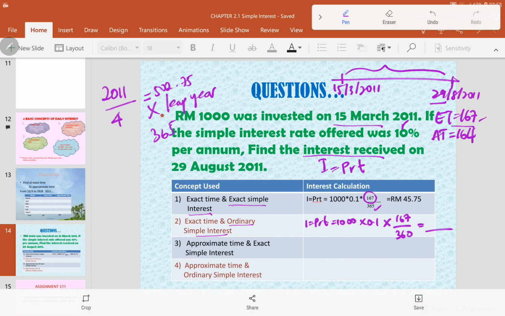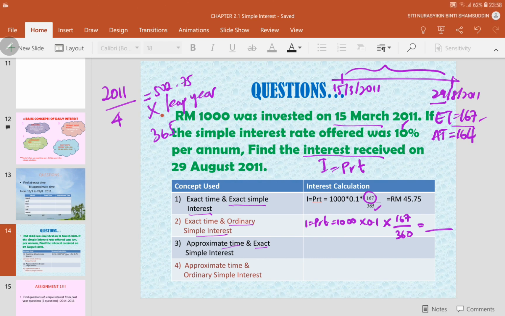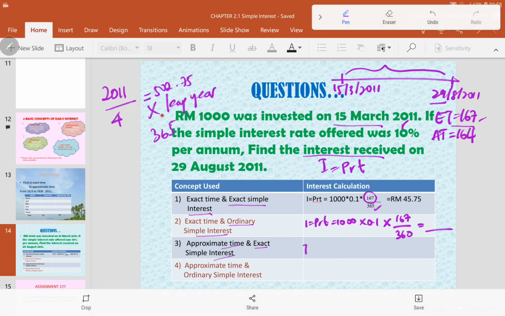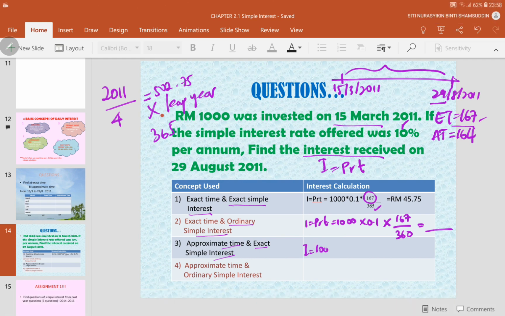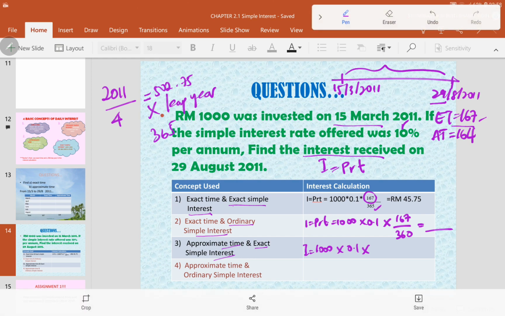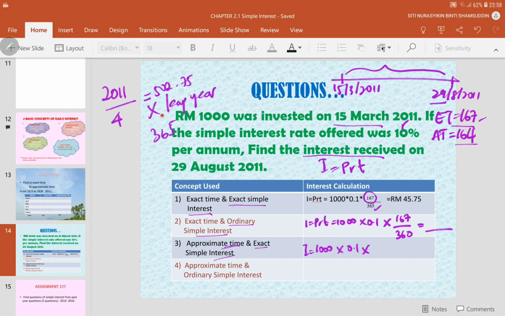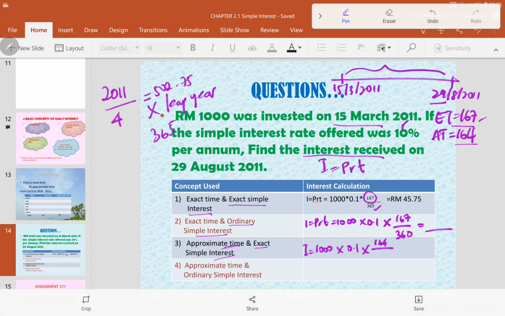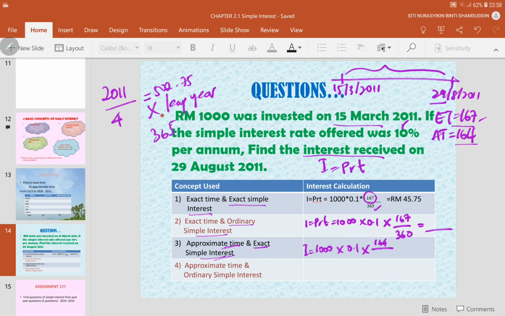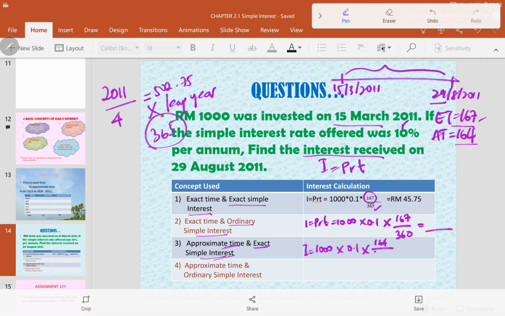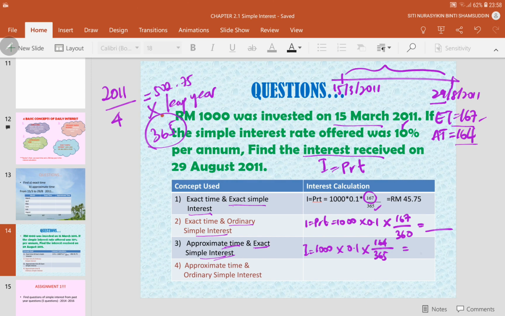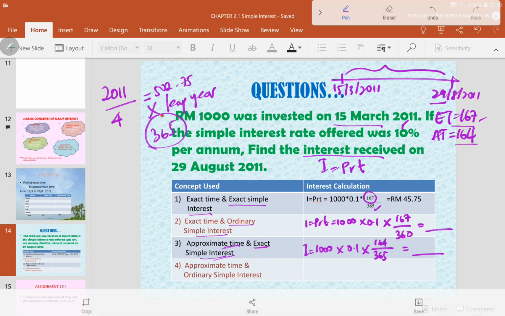Right, the third concept, dia guna approximate time and exact simple interest. So I equal to 1000 times 0.1 times, okay, approximate time ni 164. Dia guna 164 days over exact simple interest. Exact simple interest tadi 365 ni, dia bukan tahun 4 kan, so over 365. So you get another value untuk interest.